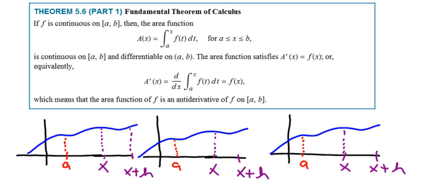I want to go ahead and move on to the fundamental theorem of calculus, part 1. There's 2 parts. We're clarifying that the area function is what we were doing.